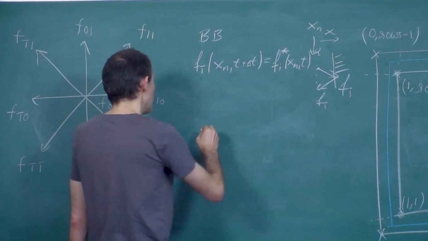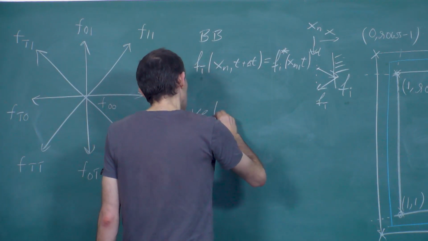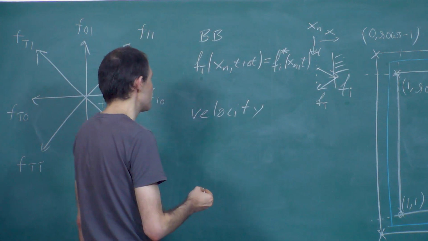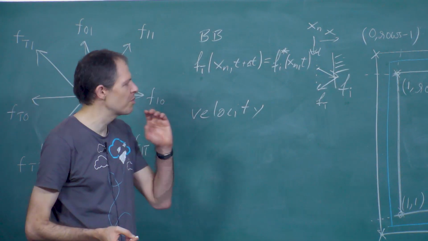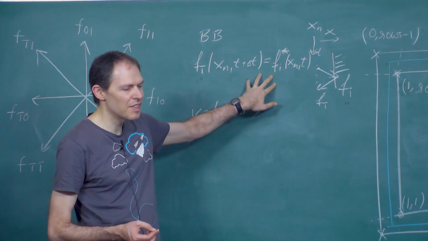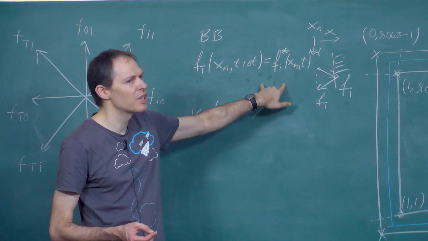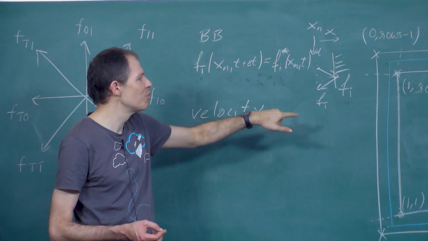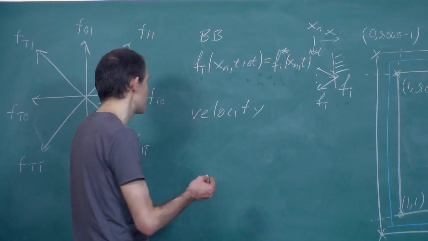Now we also discussed the velocity bounce back, and the velocity bounce back is the same boundary condition, just this boundary condition only gives us velocity 0. And now we want to modify this to a non-zero velocity.